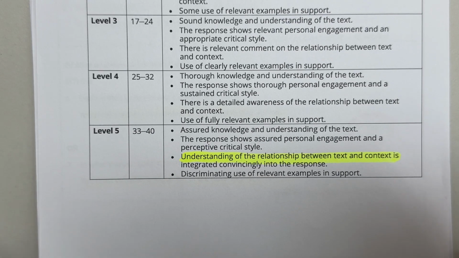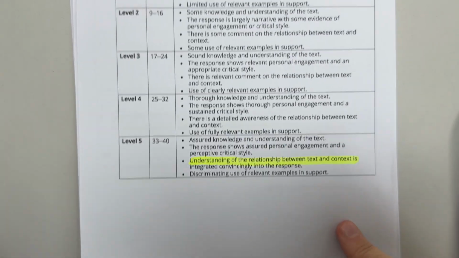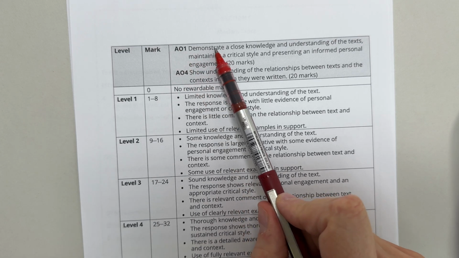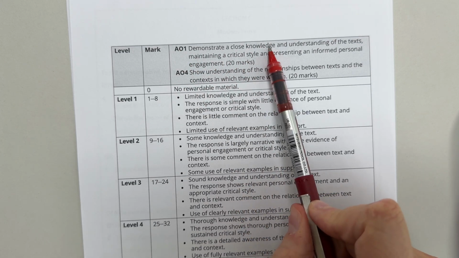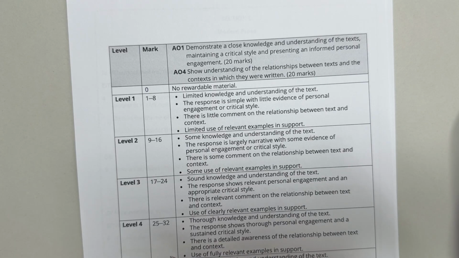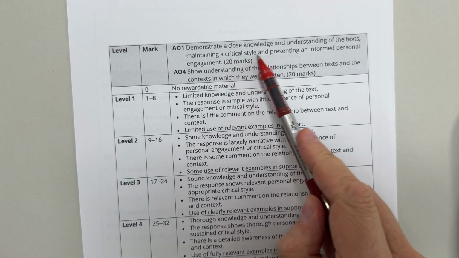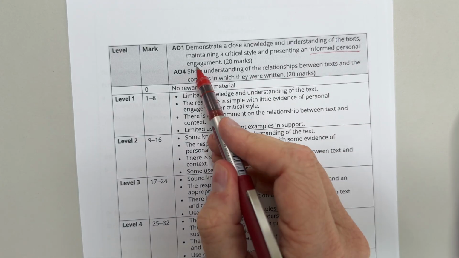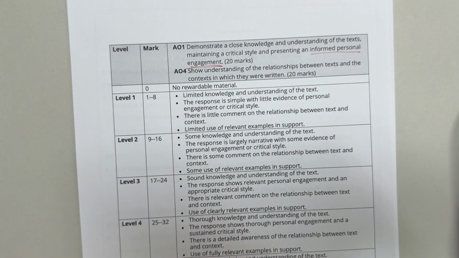So in terms of the mark scheme for this one, for up to 40 marks, they are looking for assessment objective 1: how well are you able to demonstrate close knowledge and understanding of the text that you've chosen? How well are you able to be critical and present an informed personal response, personal engagement?